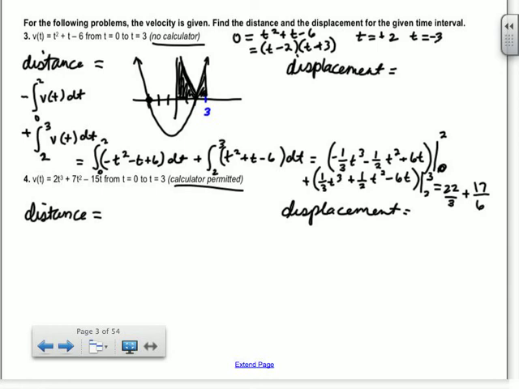Okay, so 22/3 plus 17/6. 61/6? Did anybody else get that answer? All right, 61/6 is what we're looking for.